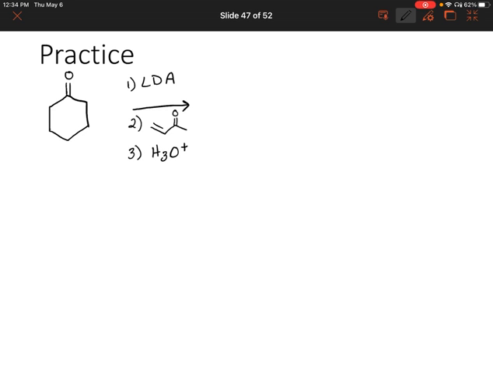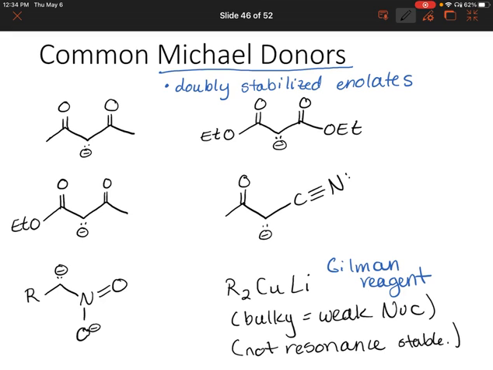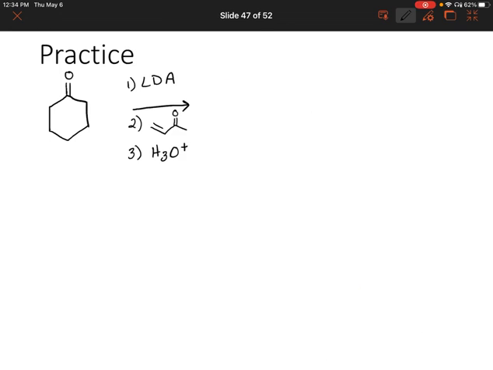Now, when we form our enolate with this ketone, it might not necessarily be as weak or stable as our doubly stabilized enolates, because notice we don't have two carbonyl groups, we only have one on our starting material. So most likely we're probably going to end up with two products.